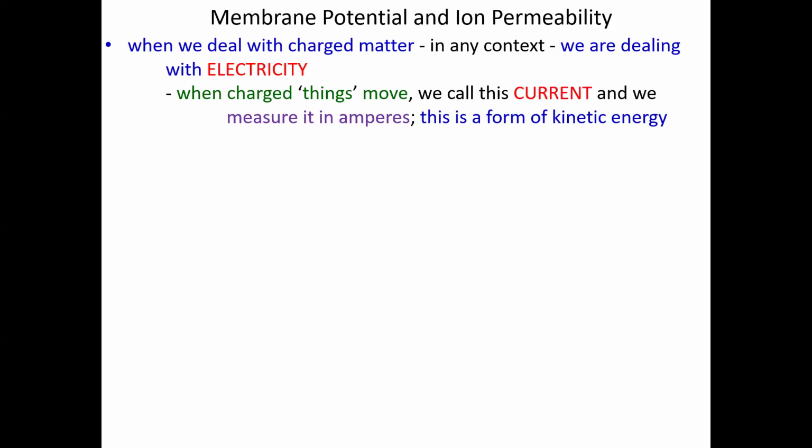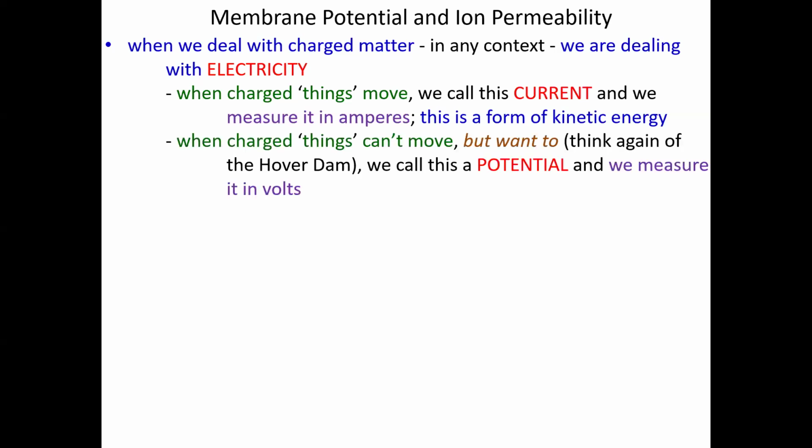Again, if you plug something into the wall and electrons are moving, we call that current, but current is the movement of ions. And so when sodium moves, that's a current. It's current of sodium. And we can measure current in units of amperes, amps. And amps is measuring kinetic energy. It's measuring flow, the flow of ions, the movement of ions. And so amps are measuring kinetic energy.